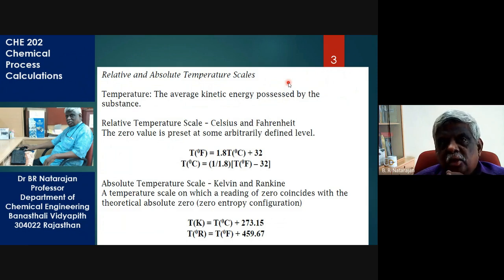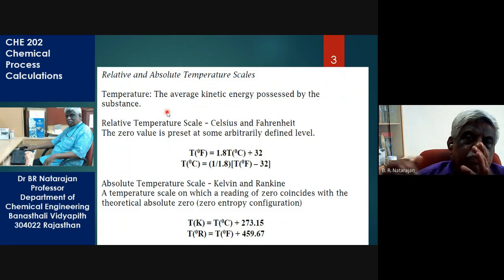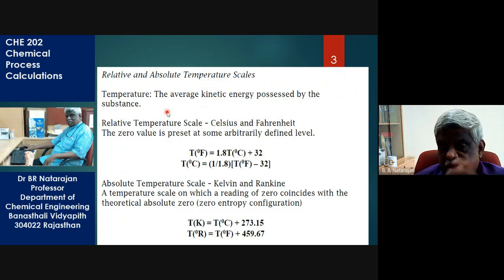See, when you heat up something, the molecules in the substance get heated and their kinetic energy starts increasing. So temperature is actually a measurement of the average kinetic energy possessed by the substance.